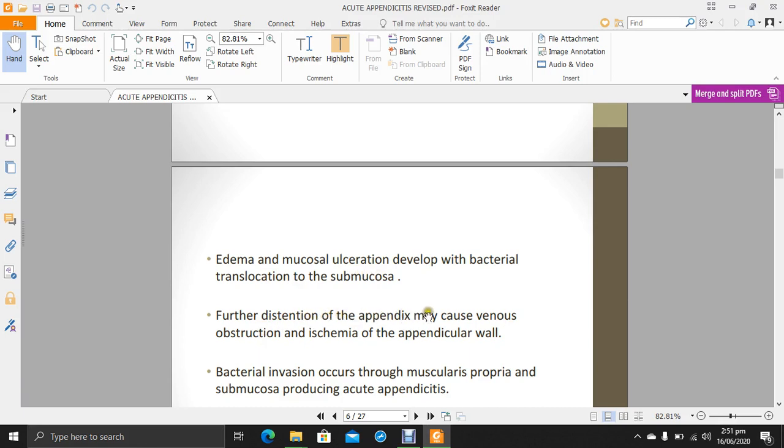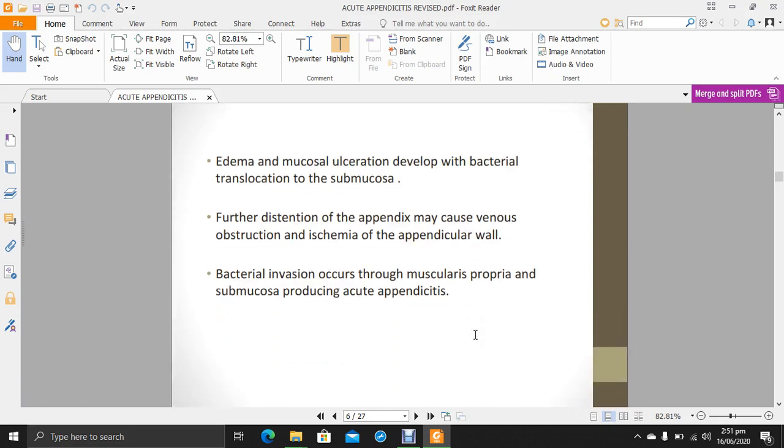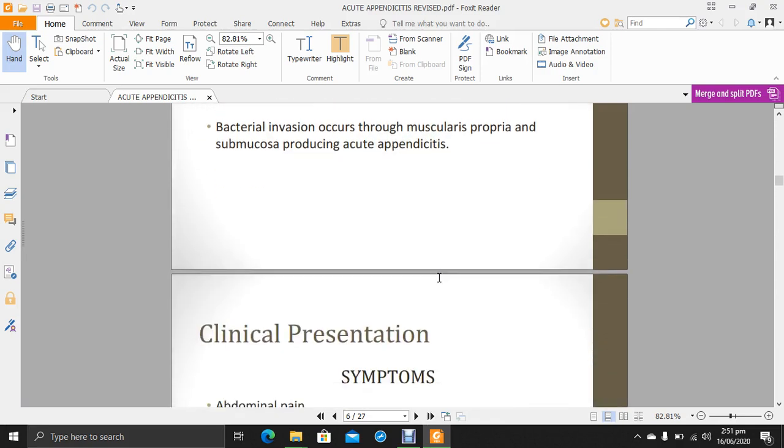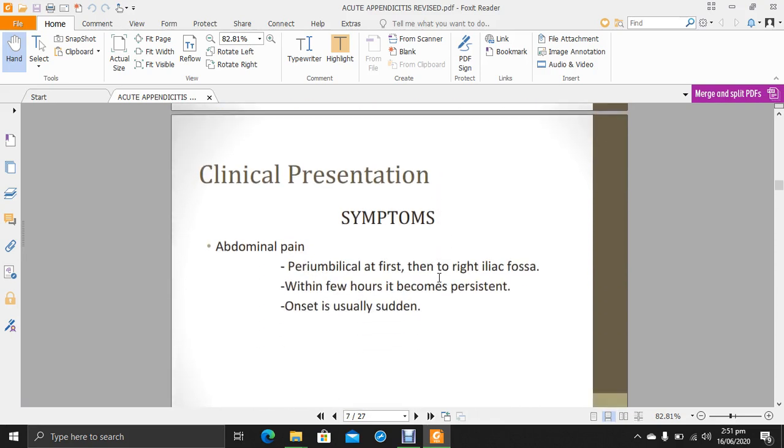Further distension of the appendix may cause venous obstruction and ischemia of the appendicular wall. So bacterial invasion occurs through the muscularis propria and submucosa, producing acute appendicitis. So this is a little bit about the pathophysiology of acute appendicitis.